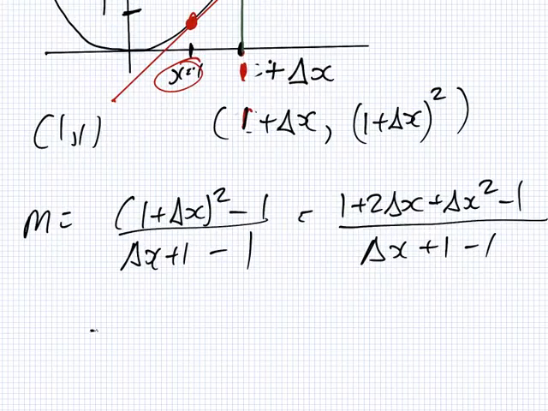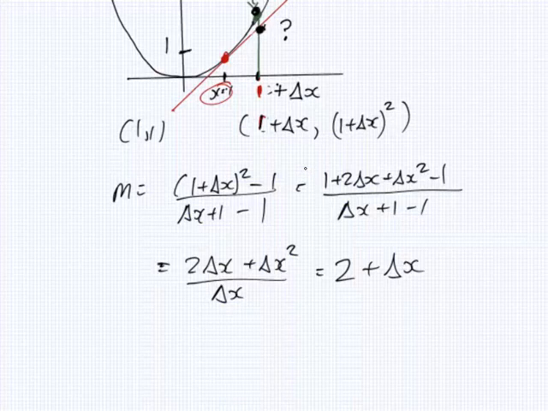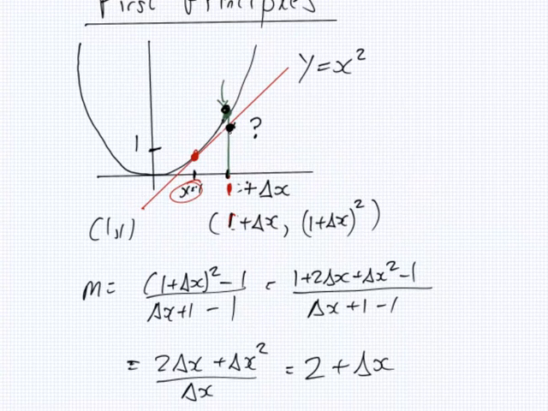So on the top, what am I left with? 2 delta x plus delta x squared, and on the bottom, delta x. So this will be 2 plus delta x, is what I'm left with. Now, there is a problem. This answer won't be perfect, because we don't want this point, we want this one here.